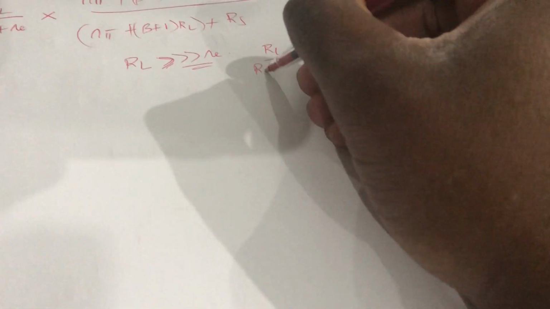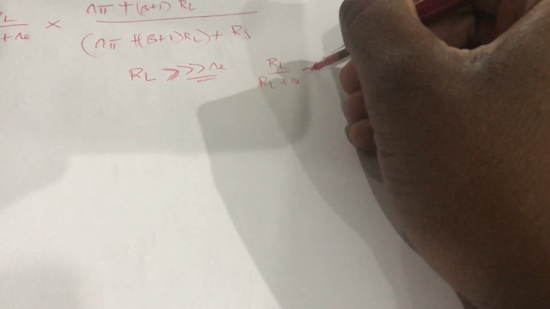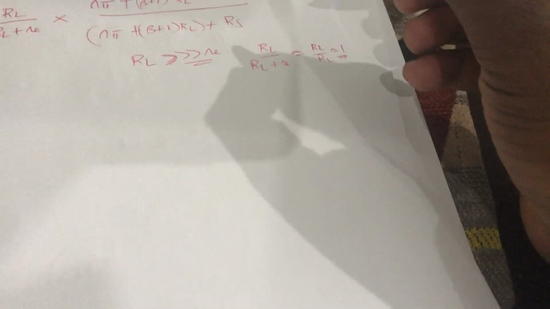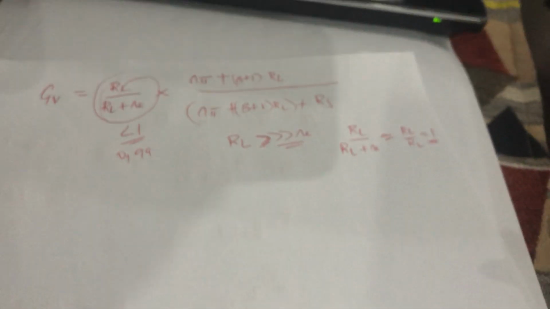Now, with the assumption that RL could be very much bigger than RE, the component RL over RL plus RE tends to be almost equal to RL over RL, which would tend to be equal to 1. So yes, we are below 1 basically, because that component will always be less than 1, but close enough to 1, about 0.99 most of the time.